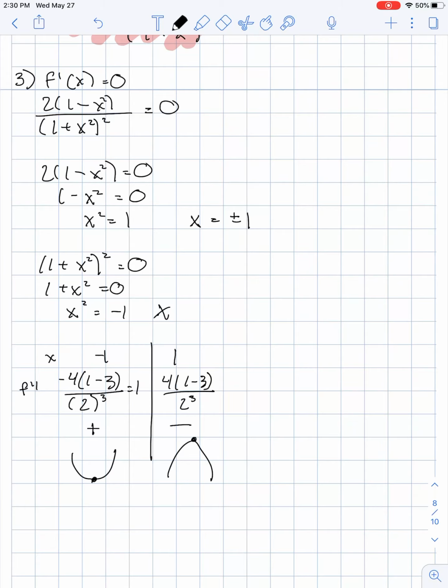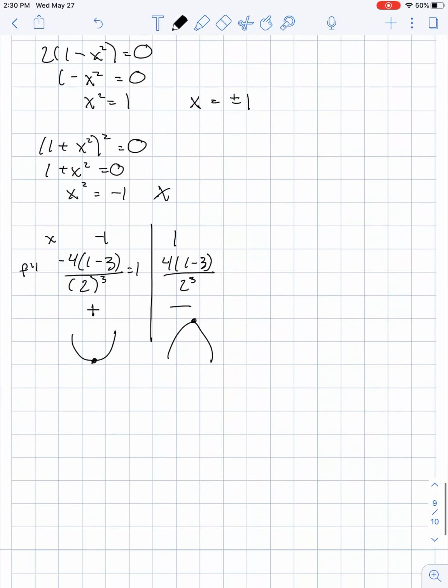Or local ones, okay? So let's make note of that. A local min at -1, f of -1, we'll figure that out later. And a local max at 1, f of 1.